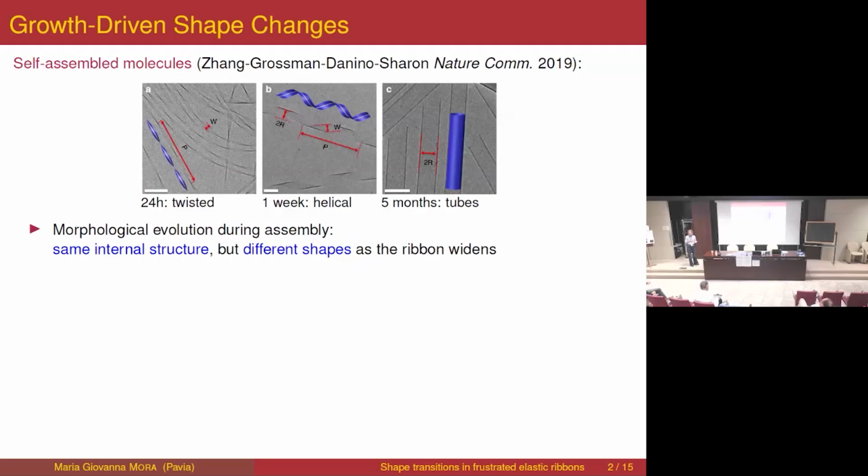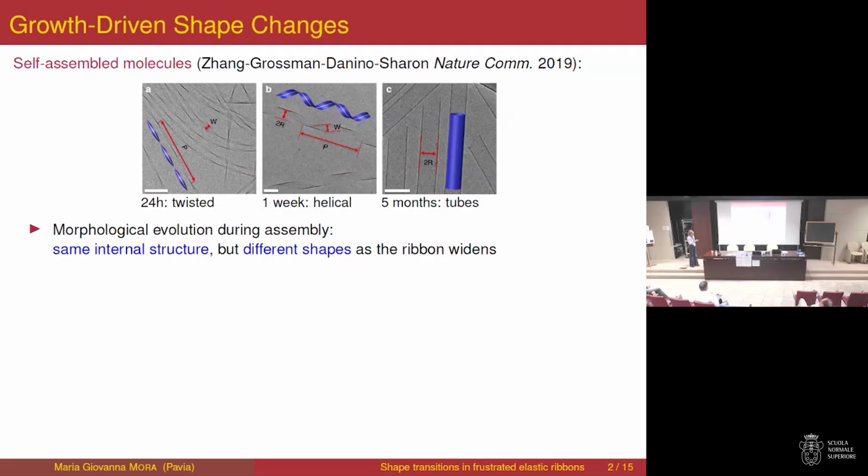And in doing so, they change shape in a rather significant way. After 24 hours, they look like long twisted strips. Then after 1 week, they look more like two-dimensional surfaces in a sense, and have this sort of helical structure.